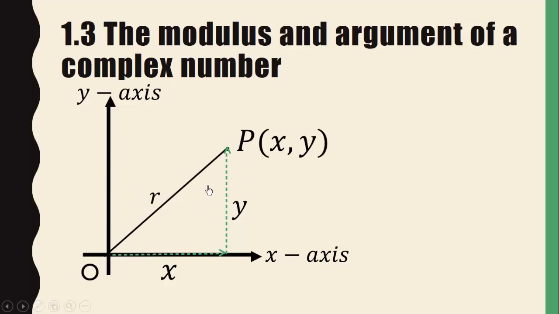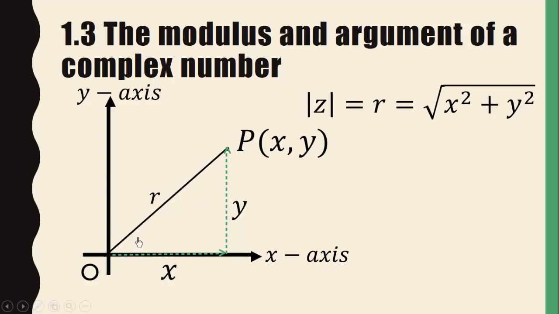Then this complex number will have a modulus, which is r, and you remember that this r is the hypotenuse of this triangle over here. For that matter, we can apply the Pythagoras theorem. So the modulus is equal to the square root of x squared plus y squared, coming from Pythagoras, that is r squared is equal to x squared plus y squared. So the modulus OP is denoted by r.